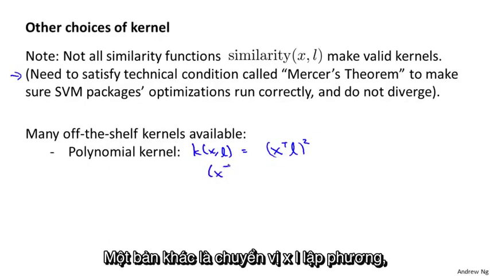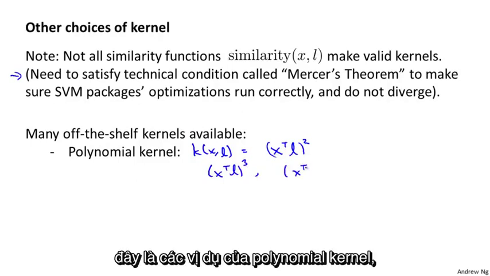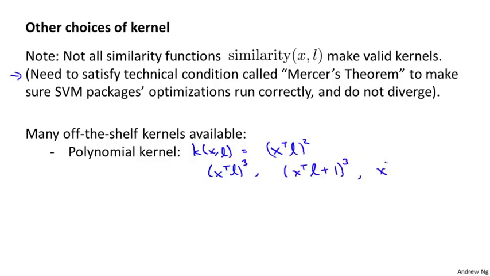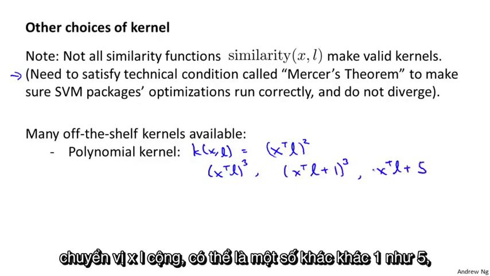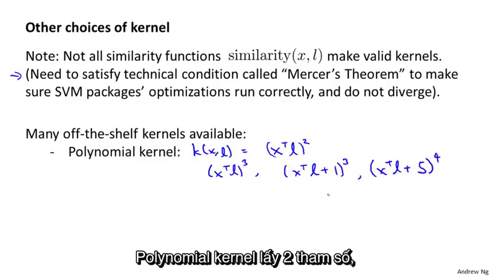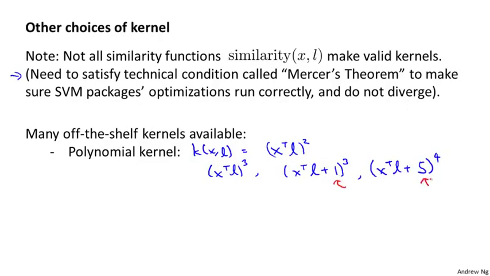Another is x transpose l cubed; these are all examples of the polynomial kernel. x transpose l plus 1 cubed, x transpose l plus maybe a number different than 1, like 5, and then to the power of 4. And so the polynomial kernel actually has two parameters. One is what number do you add over here? It could be 0.